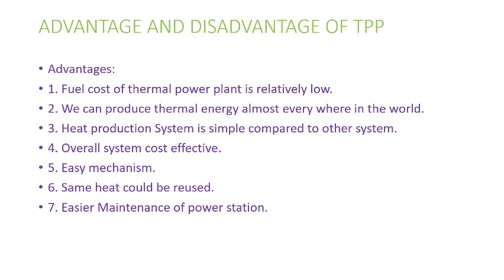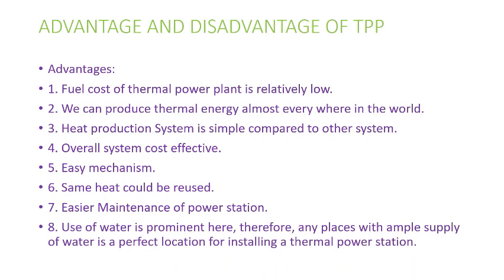Number 7, easier maintenance of the power station. This is one of the most vital points for the advantages of a thermal power plant. Yes, it is really easier to maintain this power station.